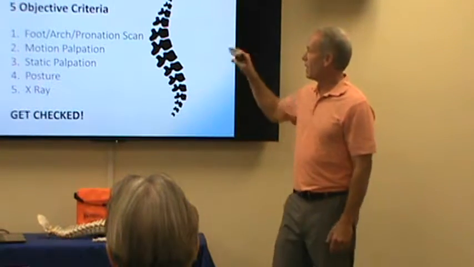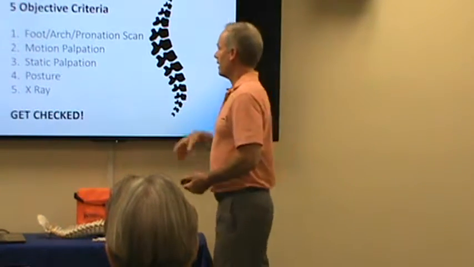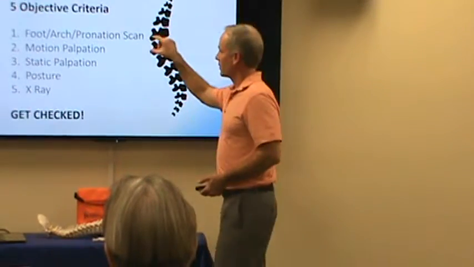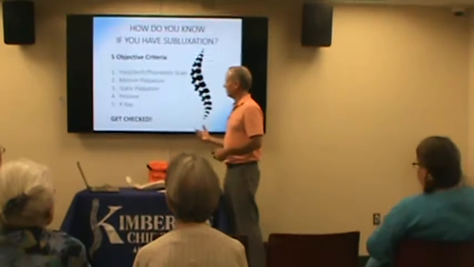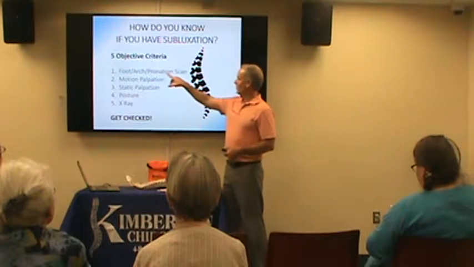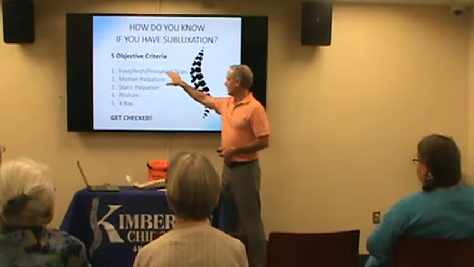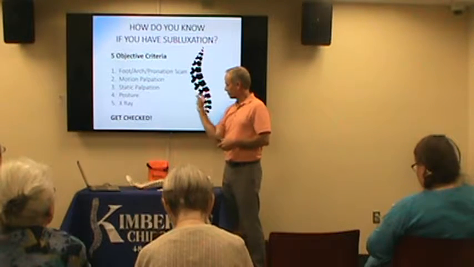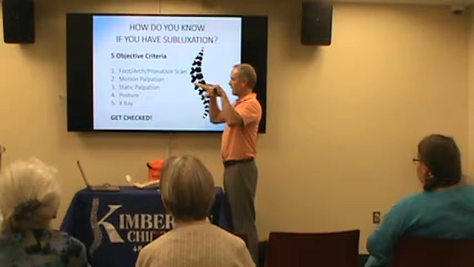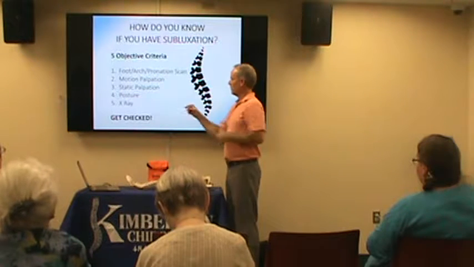The way we determine that, with our feet, we do a scan of the bottom of your foot just to see from the ground up, literally, how things are going. So it measures your foot, your arch, and if you have any kind of pronation going on. We also check motion. Well, first we check static, and then we motion.